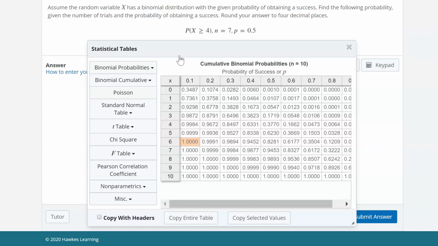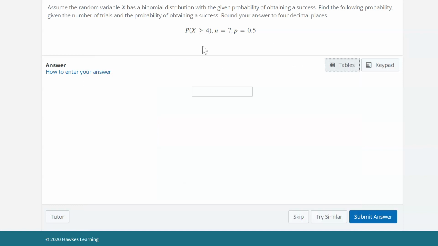In other words, we're looking up the probability of x being less than or equal to whatever x we look up. The issue is that we don't want x to be less than or equal to some number. We want x to be greater than or equal to some number. So we have to put a little bit of thought into this before we get started.